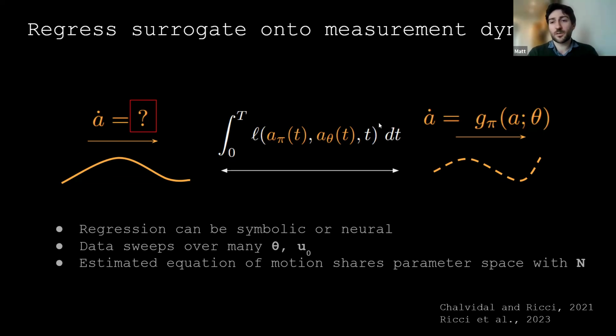And we have some options about how we can build it, but we'll say that the equation of motion is some function g, which is parameterized, and those are the parameters onto which we will regress from a data set. And crucially, it also depends on the underlying parameters of the observable partial differential equation.